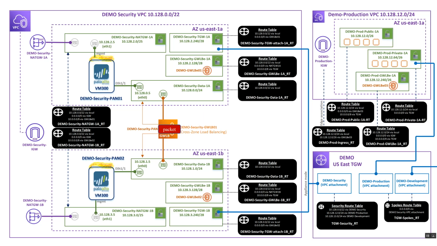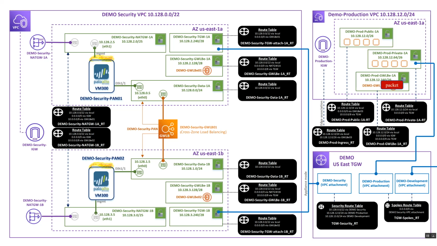So the gateway load balancer receives it, does its hash, and then forwards the packet to one or the other firewall using Geneva encapsulation. The firewall inspects the packet and then forwards the packet back to the load balancer. Load balancer then returns the packet back to the original endpoint, not in the local security VPC, but this time in the demo production VPC, right?